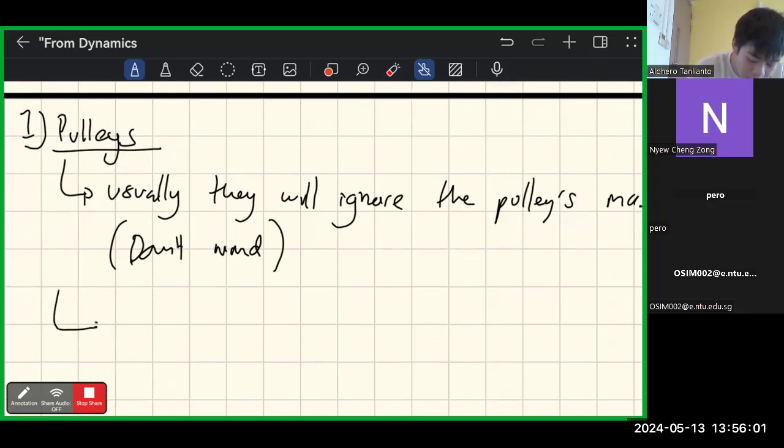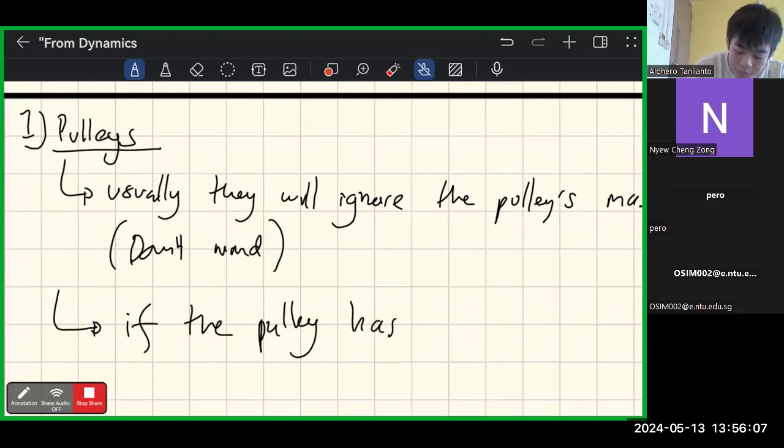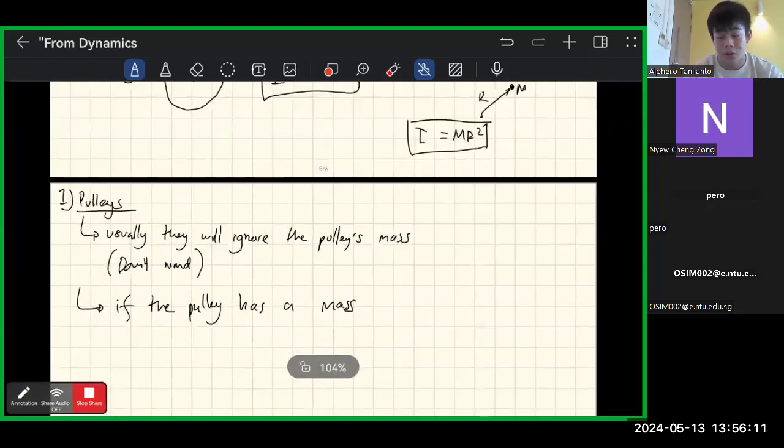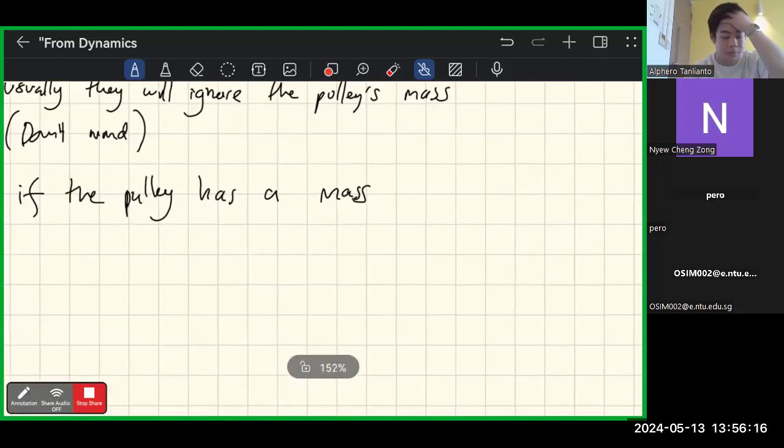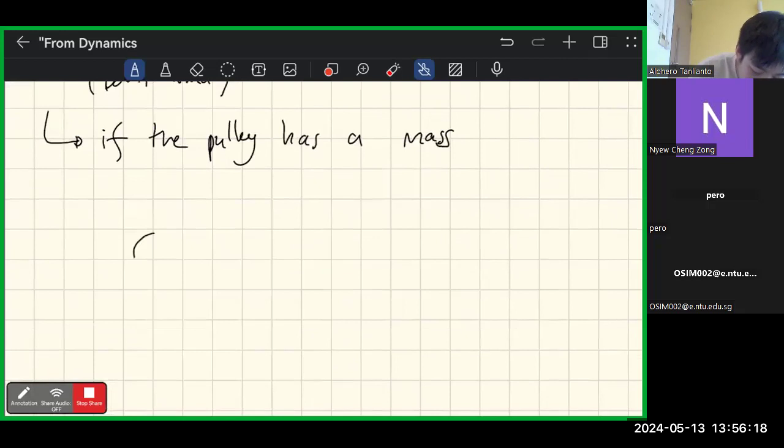But if the pulley has a mass, then we have to do a little bit of rotational dynamics here. So I'll give you a simple example.